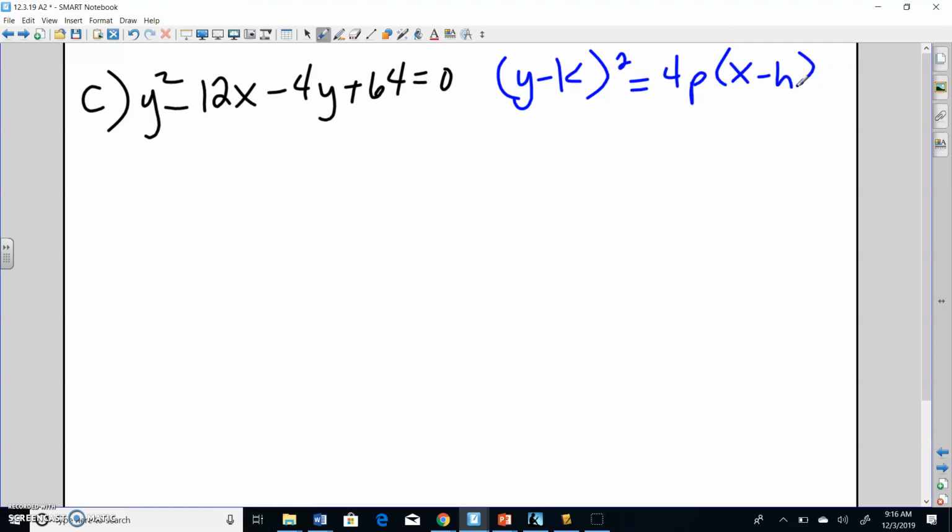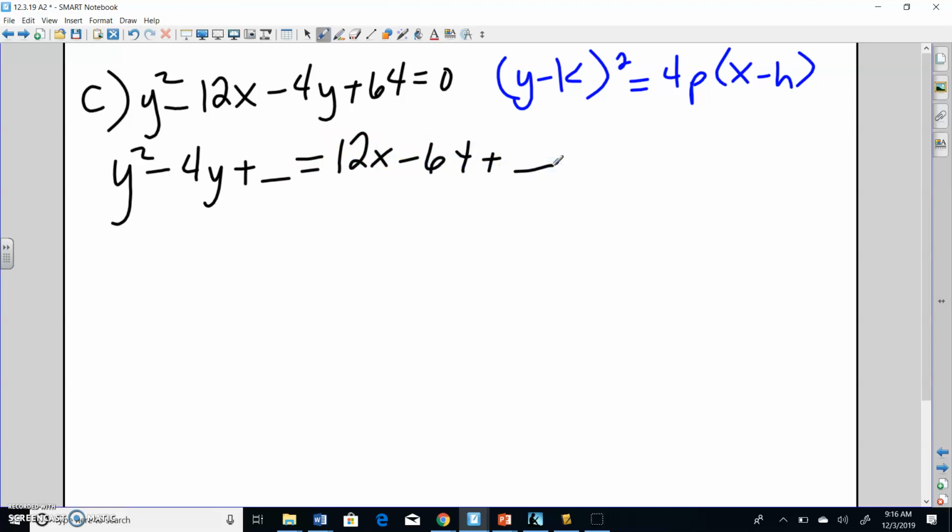Okay, so we're going to want to put all of our y's together, and x is on the other side. So that's y squared minus 4y plus a blank equals 12x minus 64, plus a blank. I'm going to complete the square.